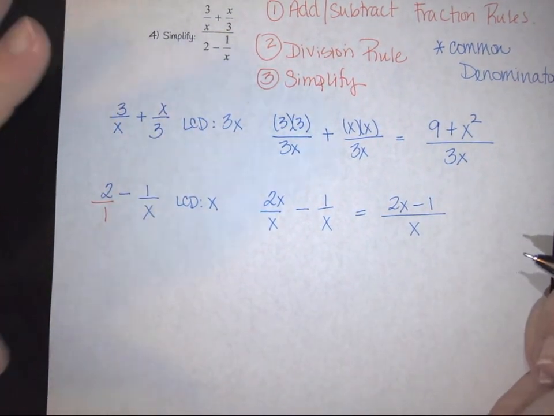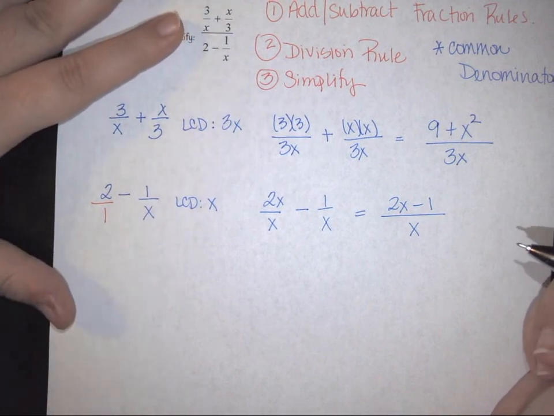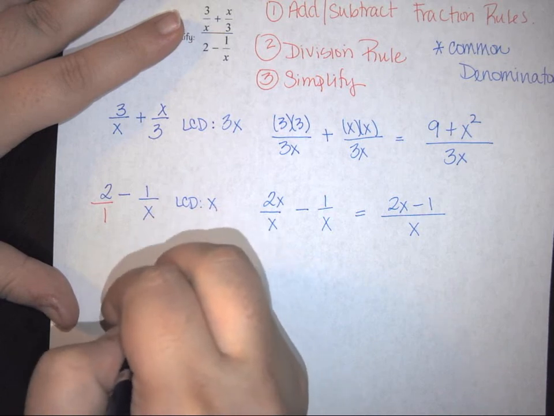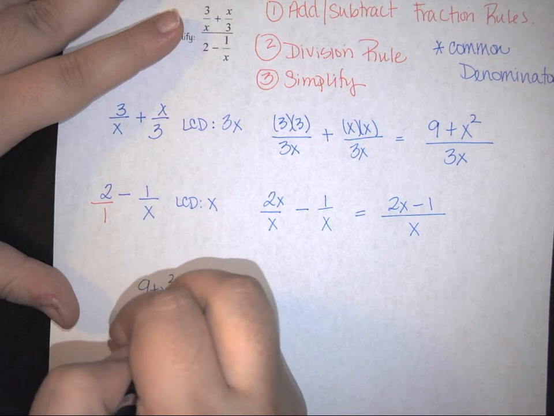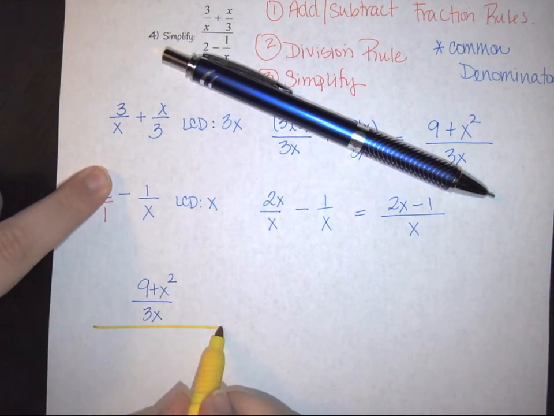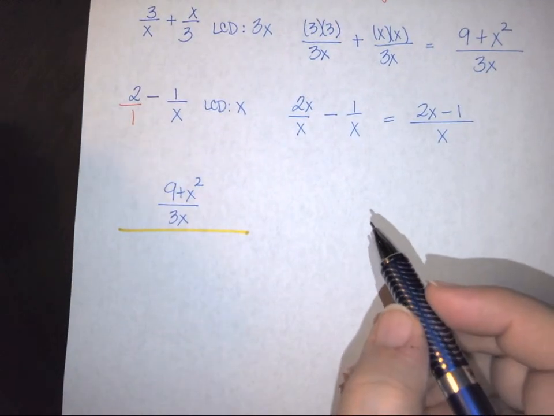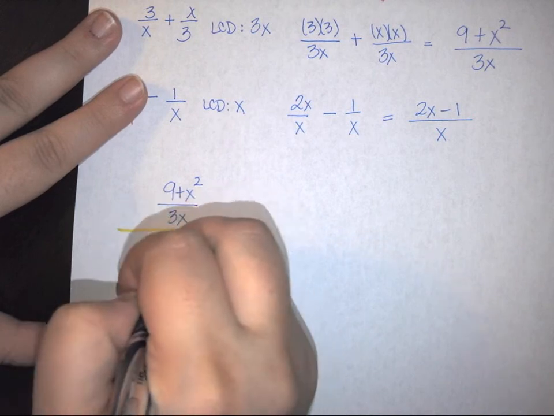I now have to rewrite them into my division form, which says that I have 9 plus x squared over my 3x. And then in this case, I am dividing that by the other, 2x minus 1 over x.